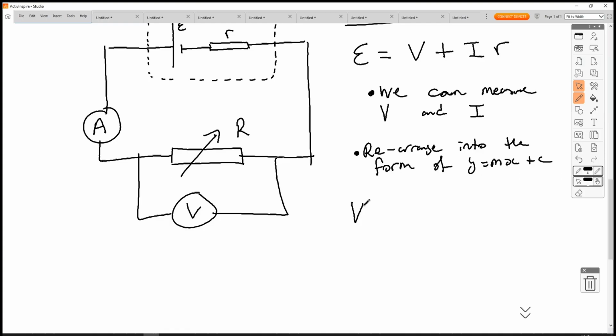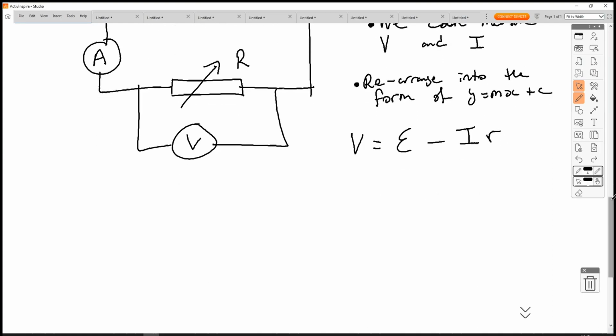So V equals EMF minus IR. I can write things in any order I want. Yes? The order that I write this in doesn't matter. So let's change the order to make it easier to see.